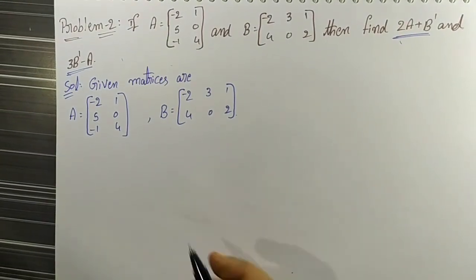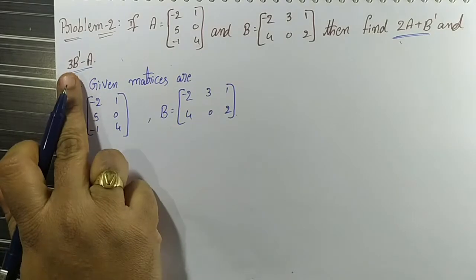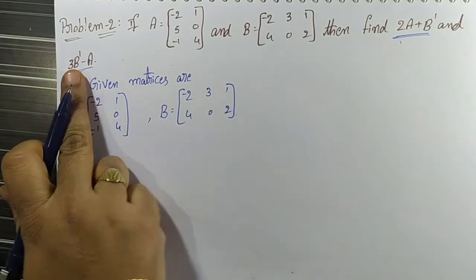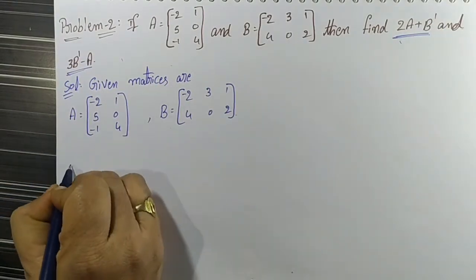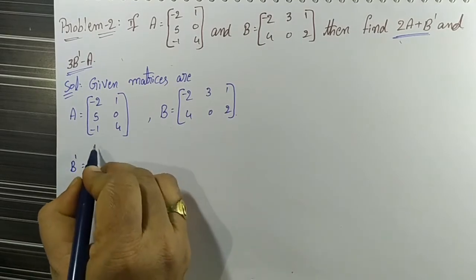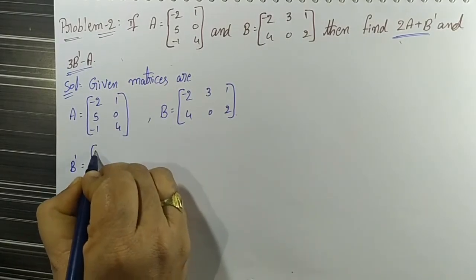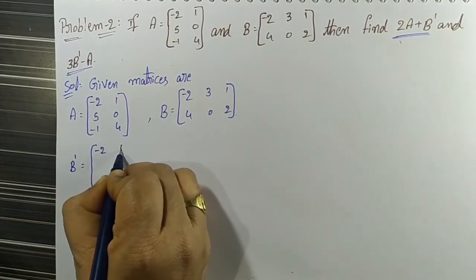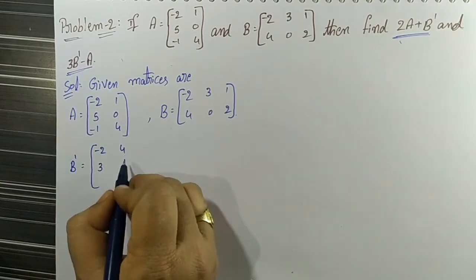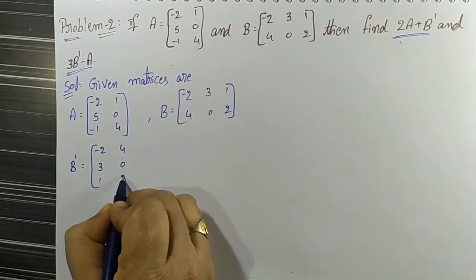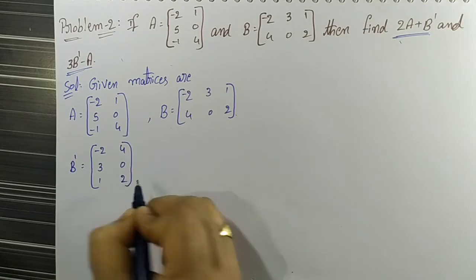Then we have to find 2A + B' and 3B' - A. In these two we need the B' value. For that, find B' equals [-2 4; 3 0; 1 2]. This is the B' value.